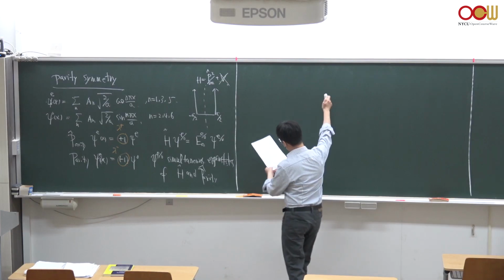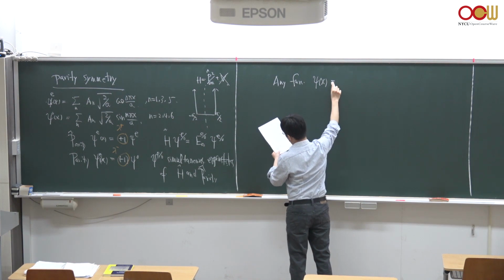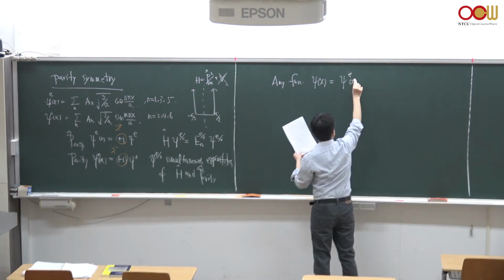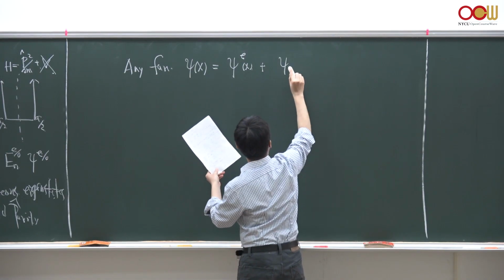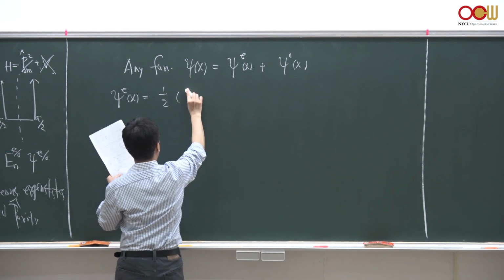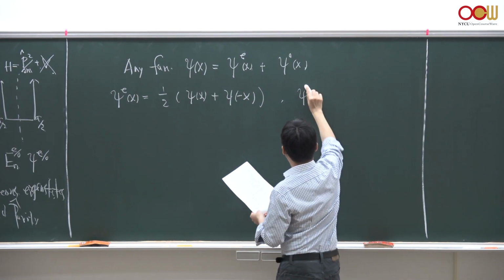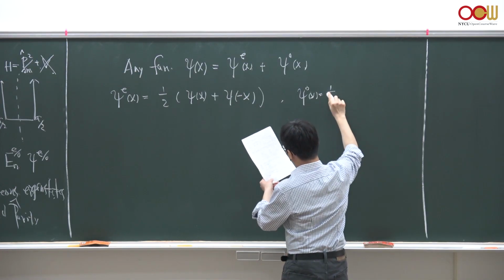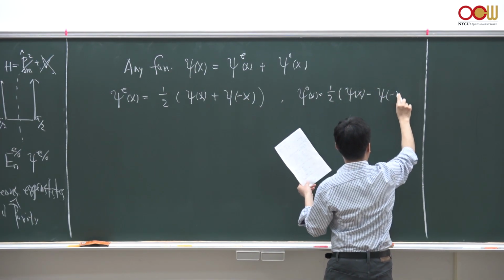Let's consider any function, any Schrödinger wave function. I could define the even and odd combinations of these functions. So psi even is simply 1/2 of psi of x plus psi of minus x, and psi odd is 1/2 of psi of x minus psi of minus x.